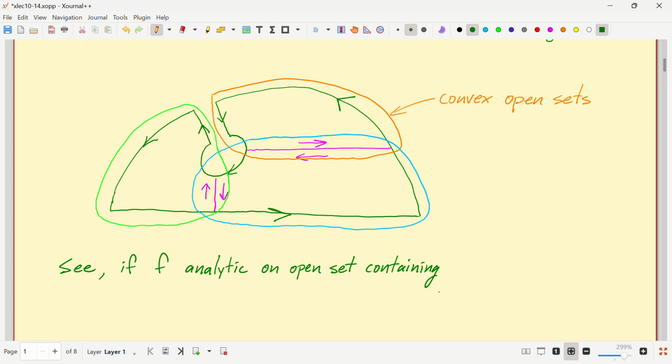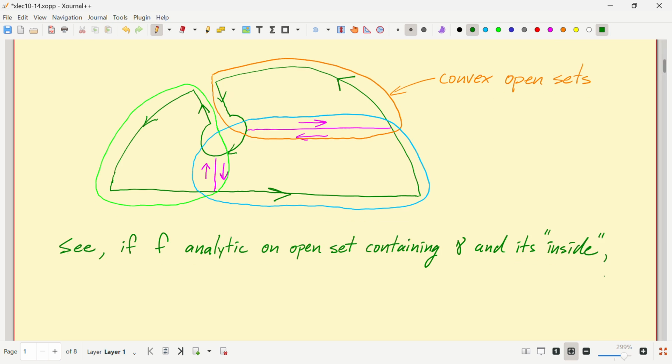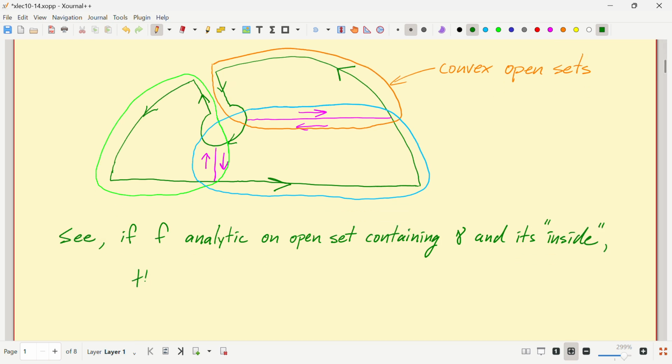So f is analytic on an open set containing gamma and its inside. Okay, that's a topological term, but we all know what it means. Then the integral around gamma of f equals 0. And you see that by adding up those three things and using the Cauchy theorem on a convex set.